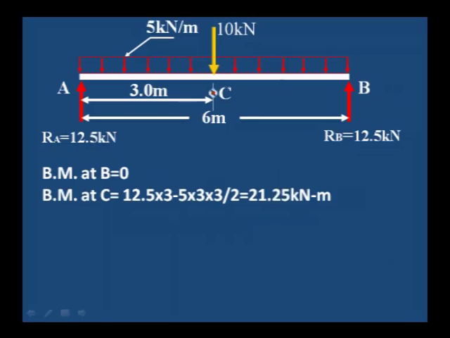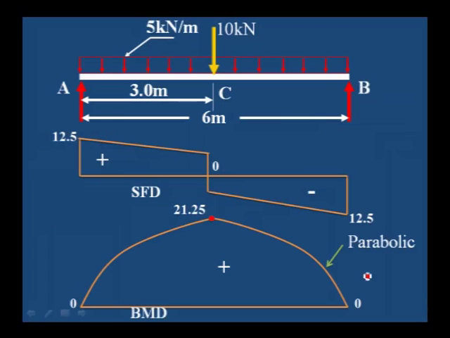Bending moment at B is 0, and then for the bending moment at C, the center point, you have to take the moment, and bending moment at A is equal to 0. This is the shear force and bending moment diagram. What you can observe here, at the central point it is changing its sign from negative to positive, and also we have to keep a drop equal to the 10 kilonewton.